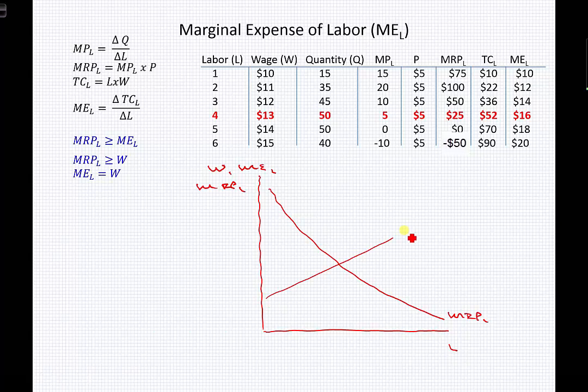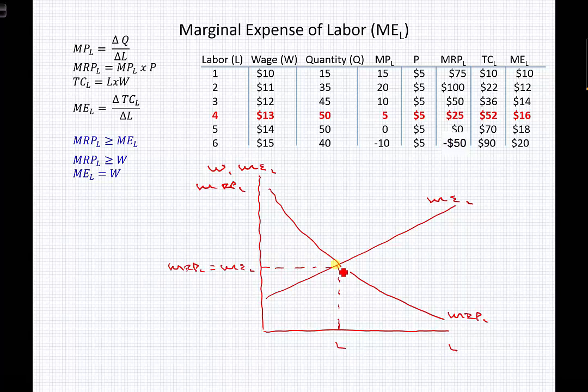So it looks like it's upward sloping now, which makes sense to us. Marginal expense of labor. And at this point, they are the same, where we have marginal revenue product of labor being equal to the marginal expense of labor. So we're meeting that general condition at some labor units.